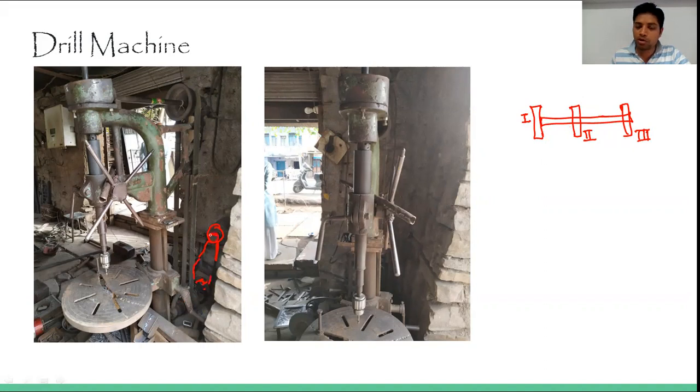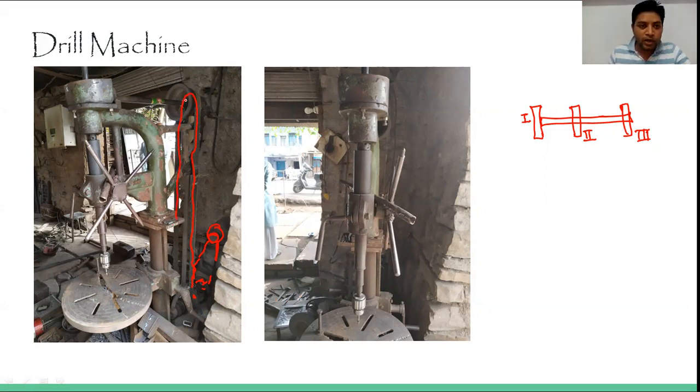This first pulley is connected with the electric motor by this belt. Next there is the intermediate pulley, and on that also this belt is mounted. Just see that this belt passes through this assembly and again goes downside, mounted over that pulley.